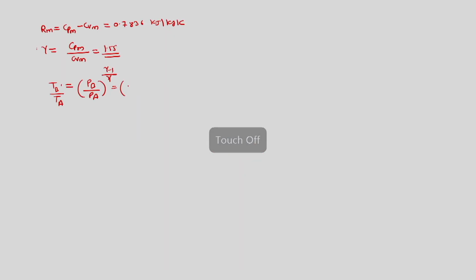So we can say it has 100 kPa divided by 1000 kPa, bracket raised to gamma minus 1 upon gamma. So this gives us Tb dash is equal to 1 upon 10 bracket raised to gamma minus 1 upon gamma into Ta.